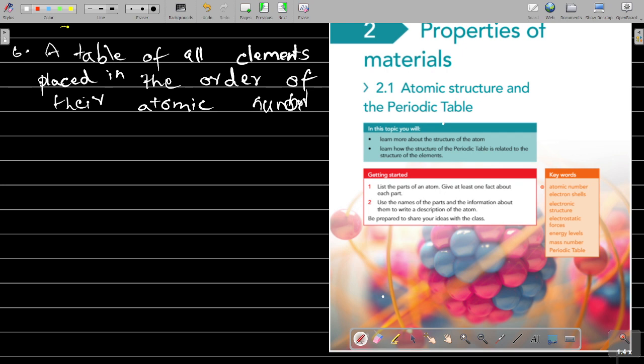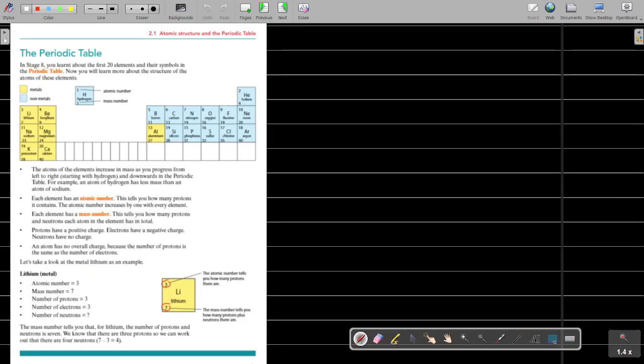Okay, we finished this page, and I think you will know these keywords very well. So come, let's turn to page 49. Everyone turn pages. Okay, the periodic table. In stage 8, you learned about the first 20 elements and the symbols in the periodic table.